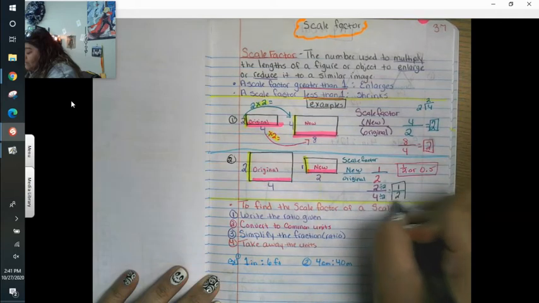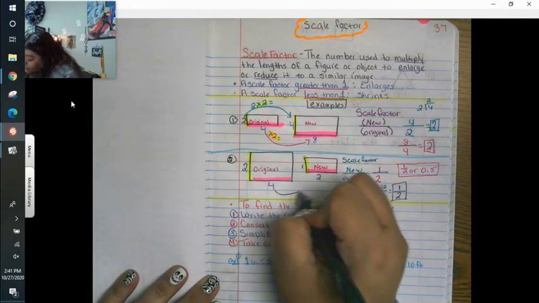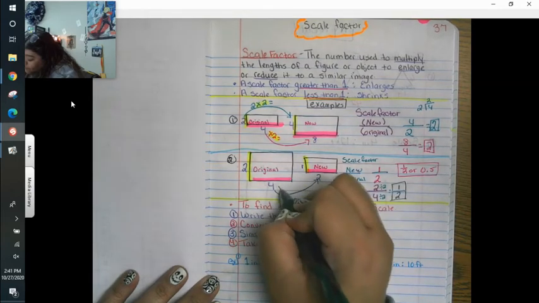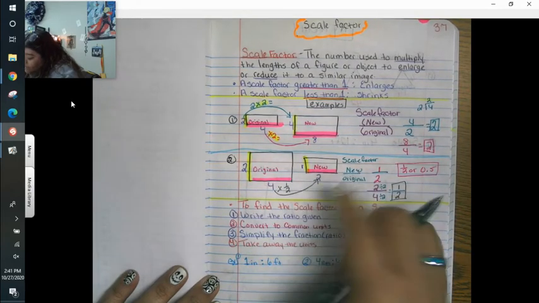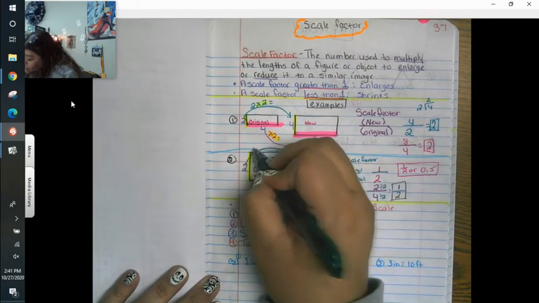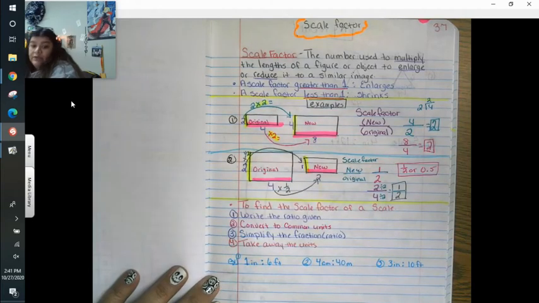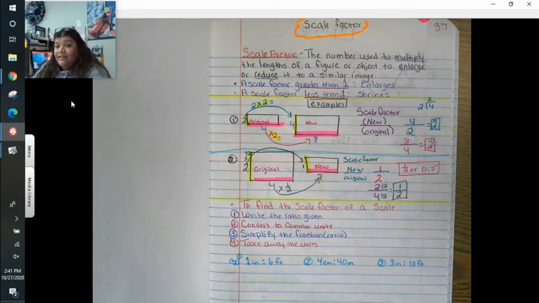And look, we get the same scale factor. Okay, so in other words, I multiplied 4 by 1/2 and I got 2. I multiplied 2 times 1/2 and I got 1. That's what we did. Okay, that's how you find the scale factor on figures.